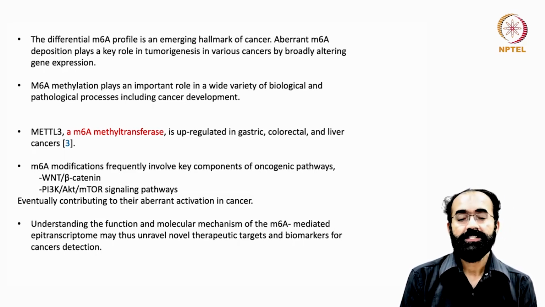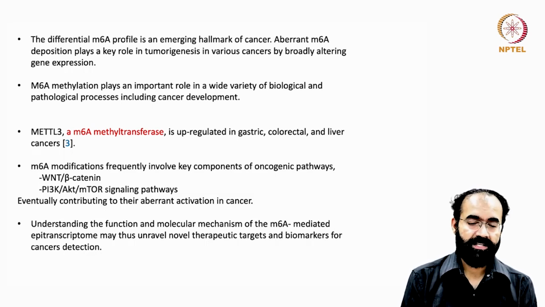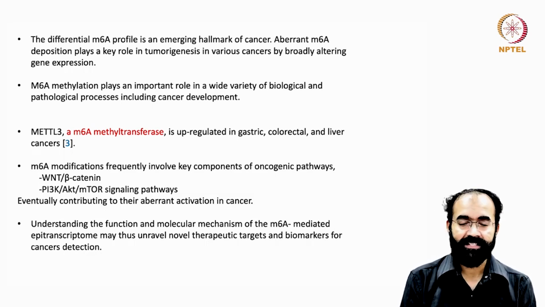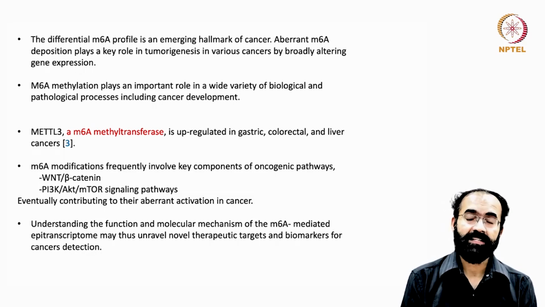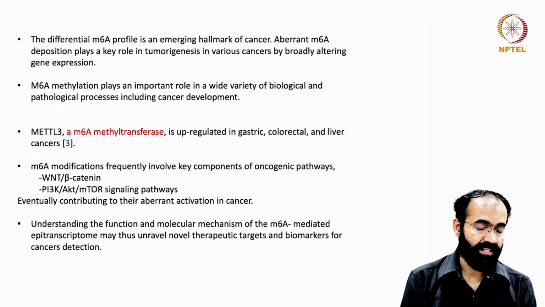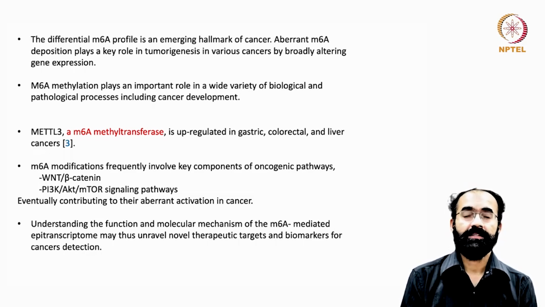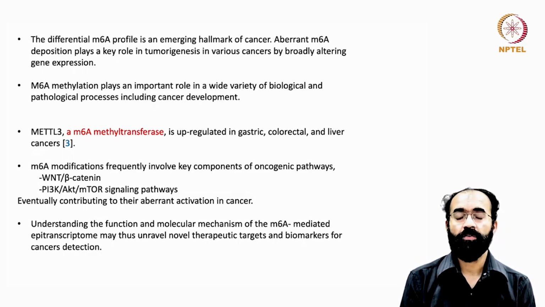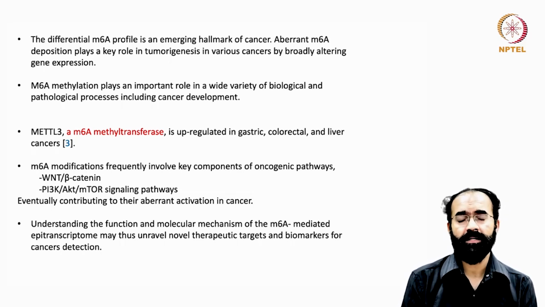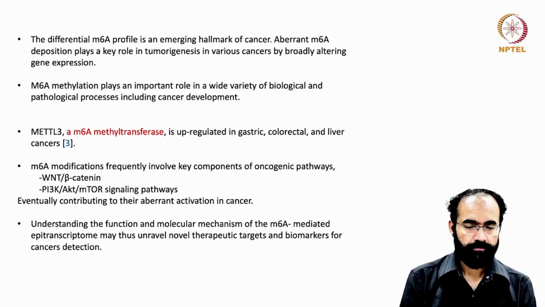A lot of studies have shown that they can undergo drastic upregulation. If you have an elevated action of this methyltransferase, it can definitely lead to cancer, and it is detected in a variety of cancerous conditions. The presence of this methyltransferase will naturally increase the methylation levels of various RNAs, including non-coding RNAs.